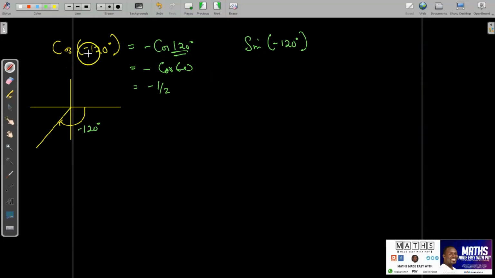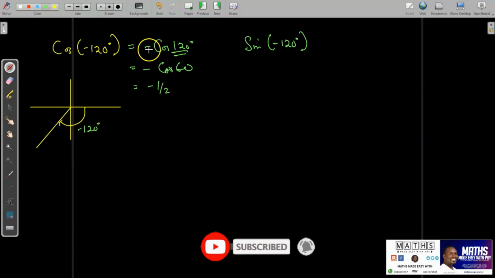So cos of negative 120 degrees is represented as negative cos 60, and that is negative half. Is it clear? I don't really understand why the negative is not cancelling. The negative is not going to cancel because in the first place, we've brought the negative out. We've just taken it out.